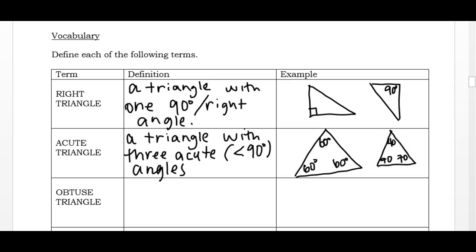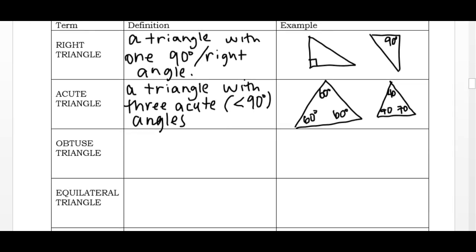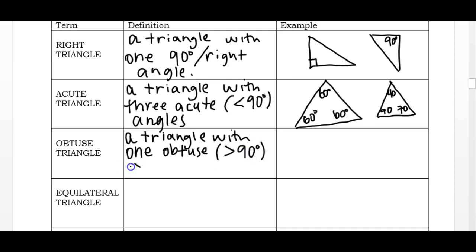Okay, an obtuse triangle is a triangle with 1 obtuse angle. And again, we defined obtuse in chapter 1. But just to refresh what that means, obtuse means bigger than 90.